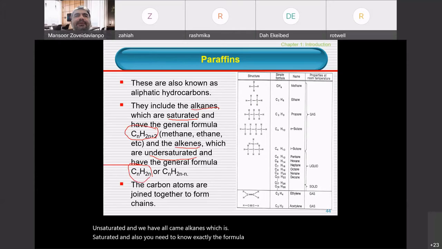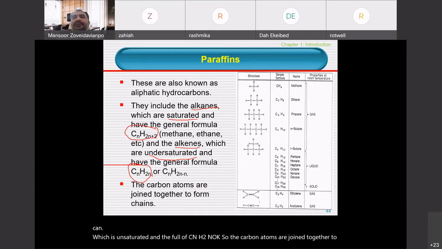Here we have alkane, which is saturated, with the formula CnH2n+2, and alkene, which is unsaturated, with the formula CnH2n. Okay, so the carbon atoms are joined together to form chains.